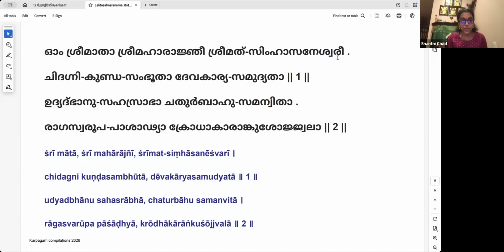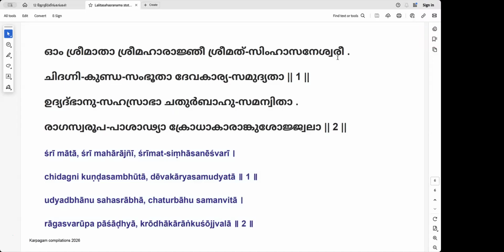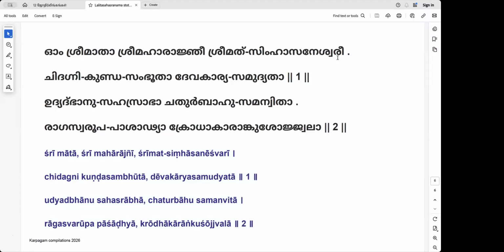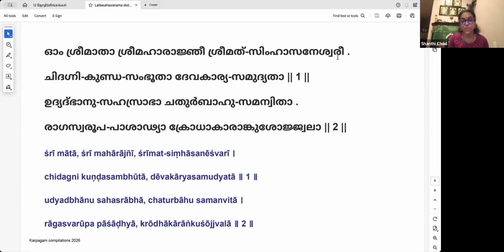Raga Swarupa Pashadhya. Even I tend to say Raga Swarupa, but it's not Swarupa, it's Raga Swarupa Pashadhya. Krodha Karankushojvala.